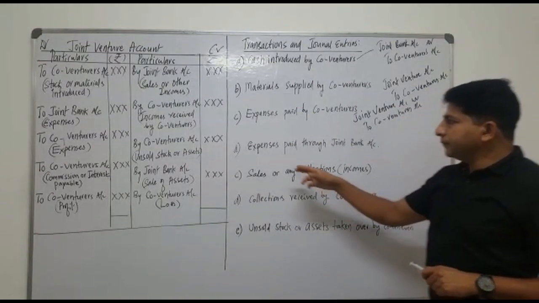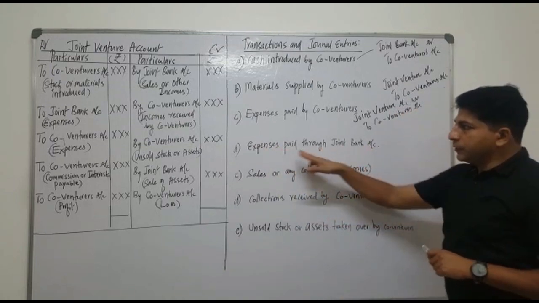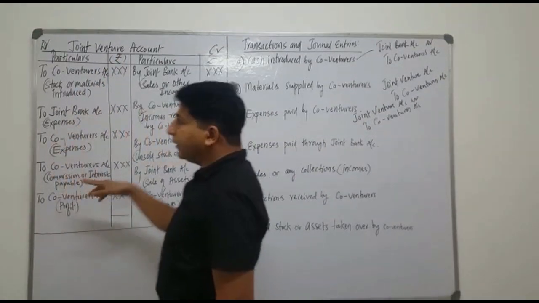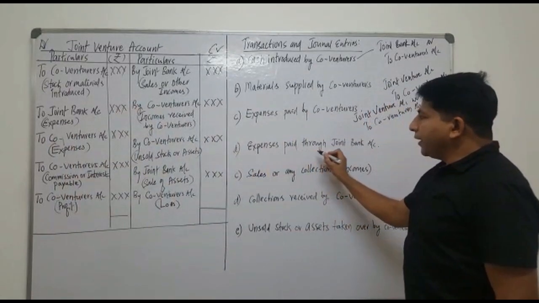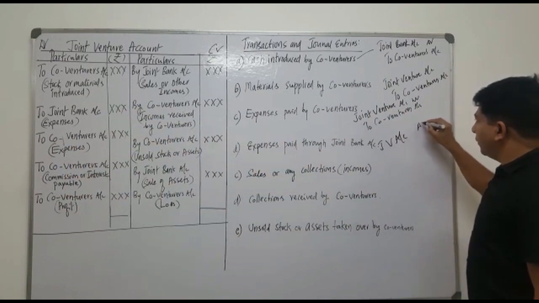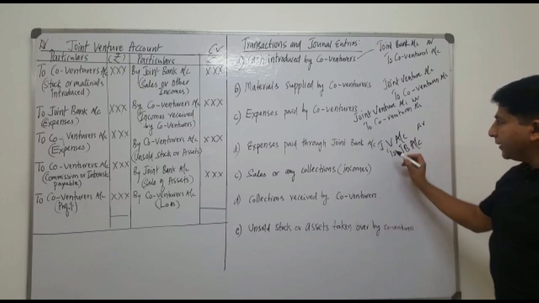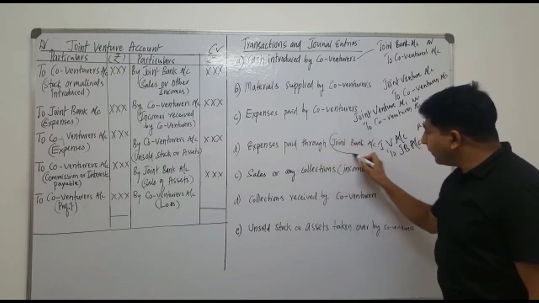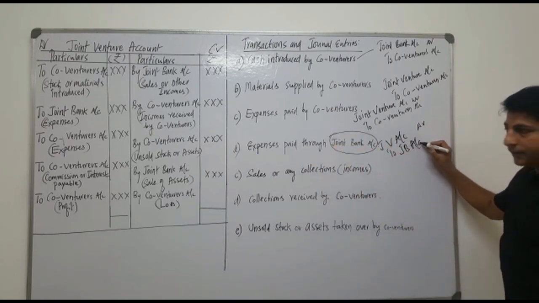Next transaction is expenses paid through joint bank account. Expenses will be recorded in joint venture account in debit side. The entry will be joint venture account debit to joint bank account. See here, the expenses paid through joint bank account, so joint bank account is credited here.